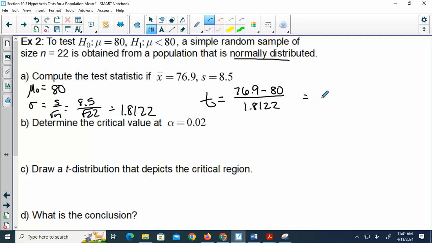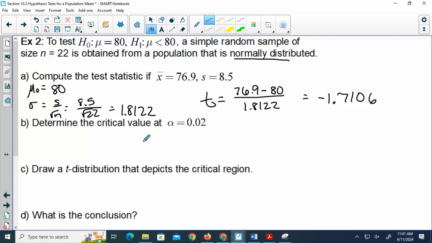And we get a negative 1.7106. Everybody with me so far?